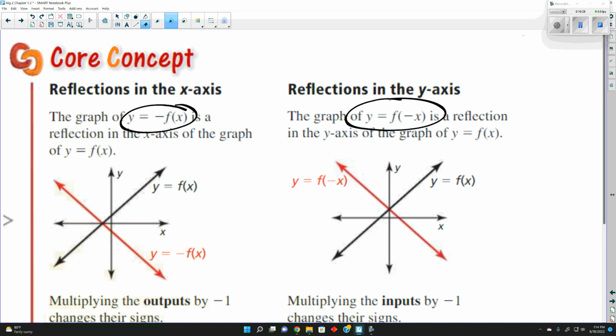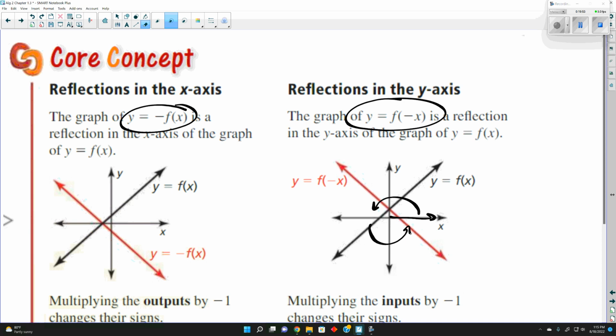Because a reflection across the y-axis is really changing the input, the numbers that are going into the function. All the numbers on the side of f of x, the positive x, are now going to be on the negative side. And all the ones that had a negative input to start with are now going to have a positive, because it's flipping it.